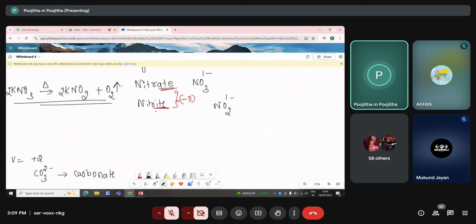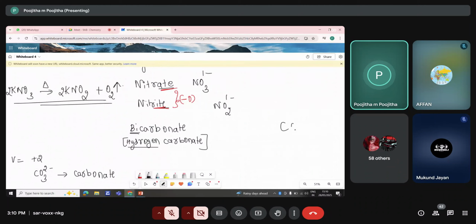Under valency minus 1, you have bicarbonate, or instead of bi, you can also name it hydrogen carbonate. So what is this bicarbonate or hydrogen carbonate?